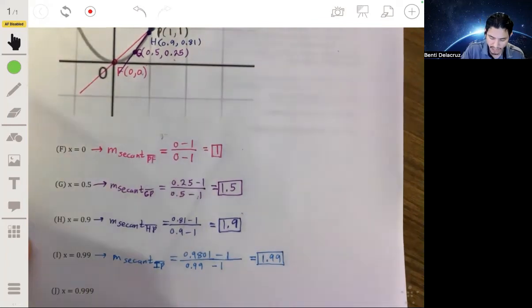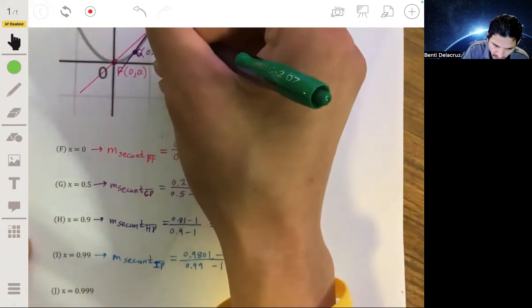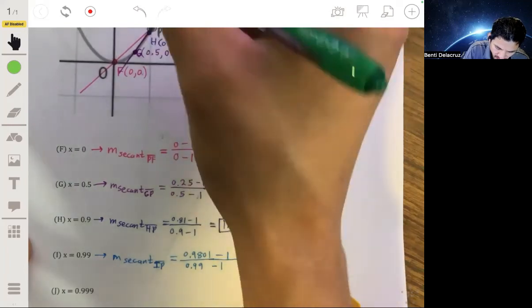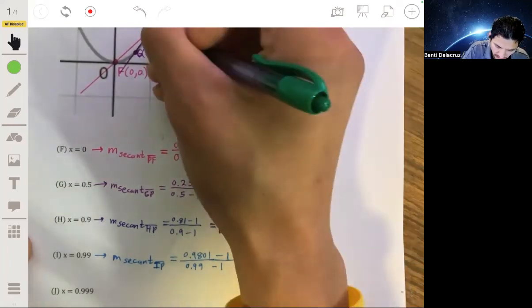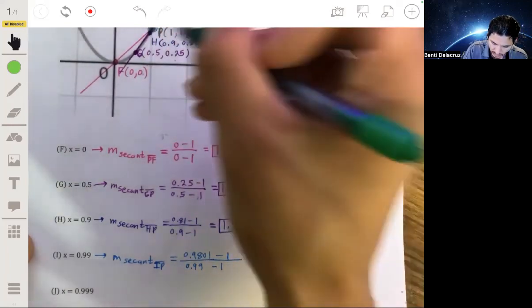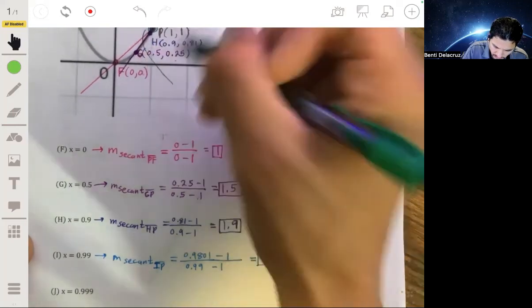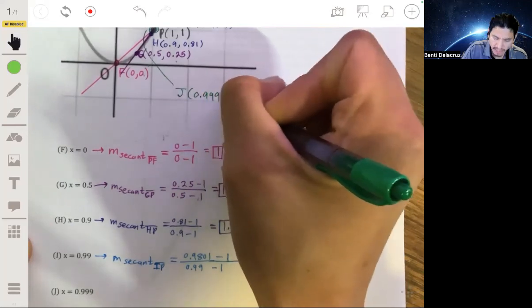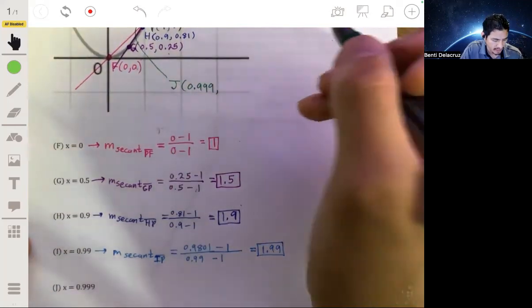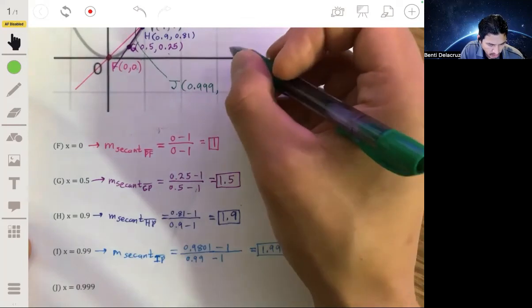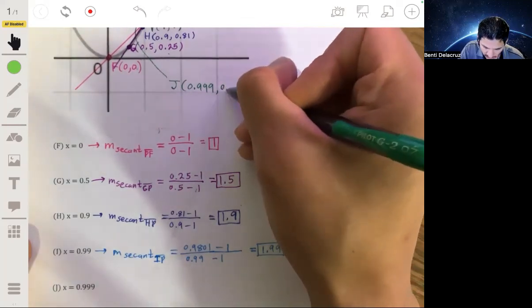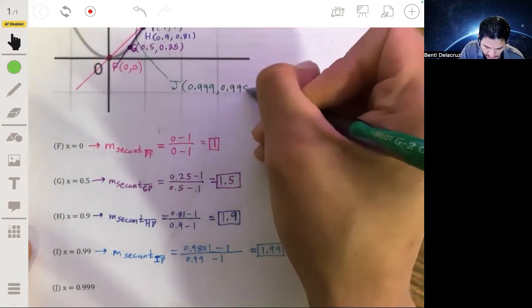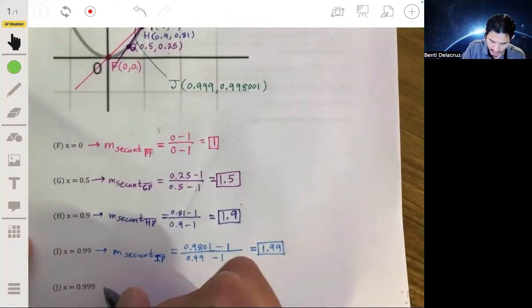And our last one at 0.999. So let's go ahead and write it out clearly, J, the 0.999. The y value, 0.999 squared, we would get 0.998001.